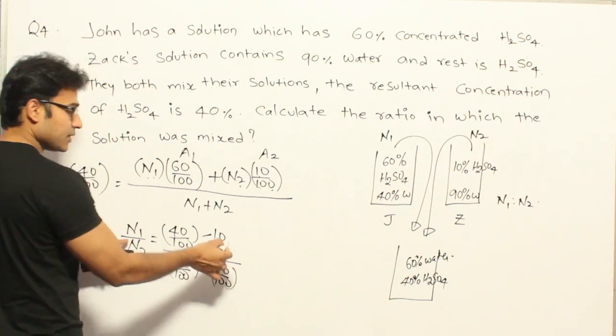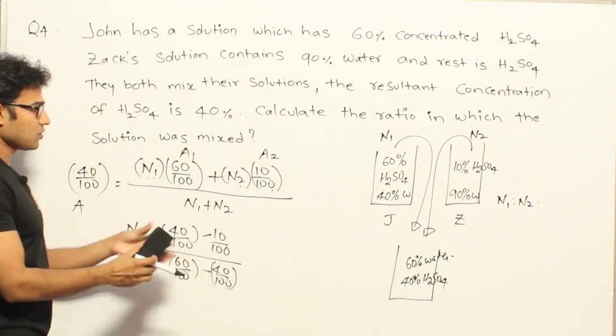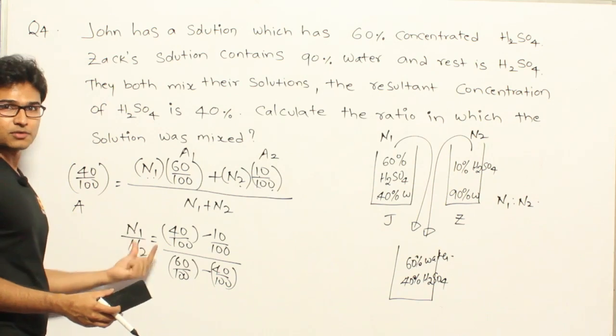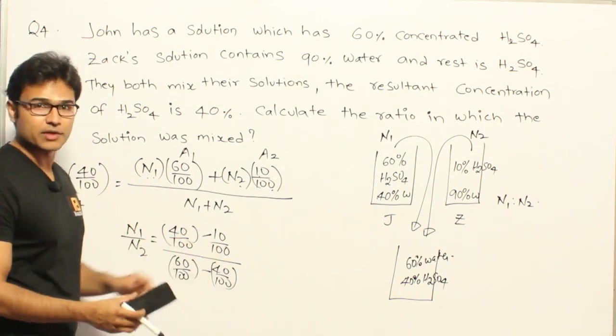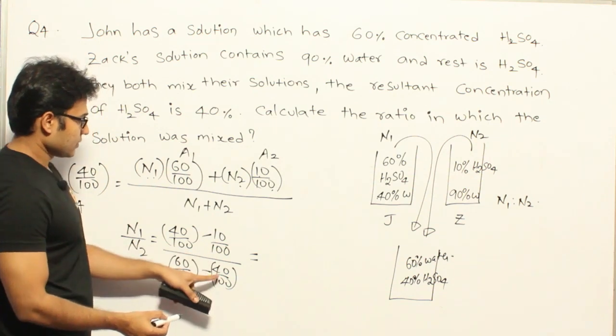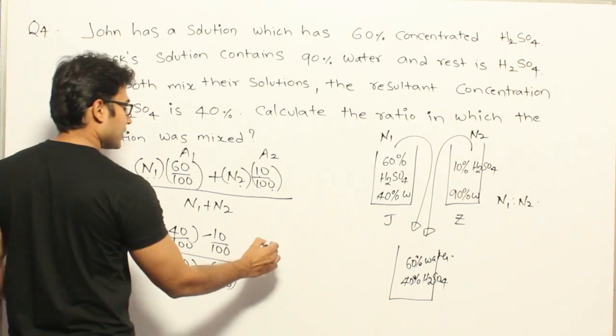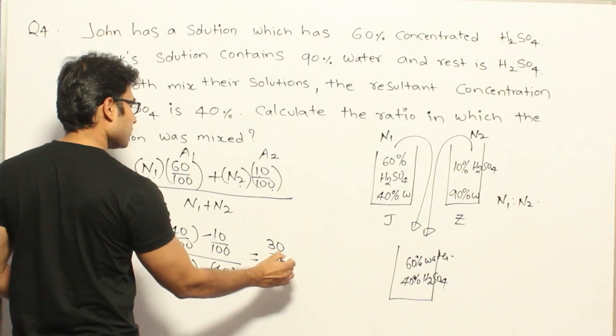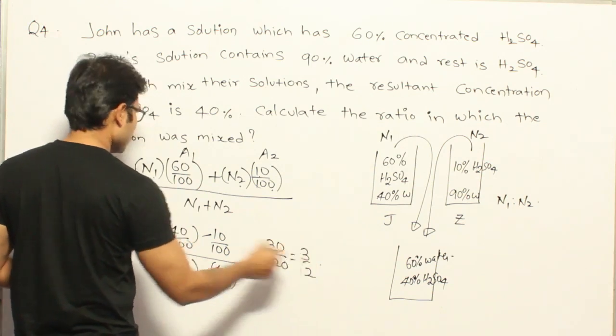I am directly writing it because we have already derived it. If you don't know how to do it, you just cross multiply and get the ratio. Now what is it going to be? 30 by 20, which means 3:2. So that is the answer.